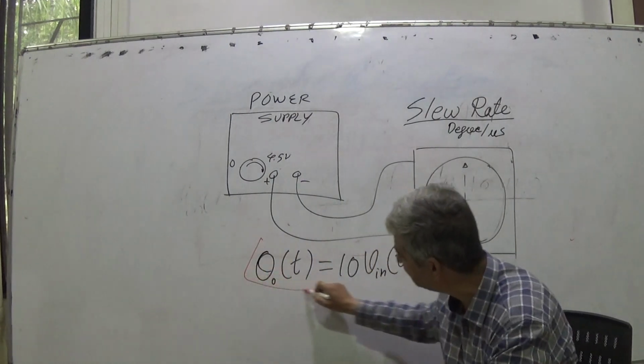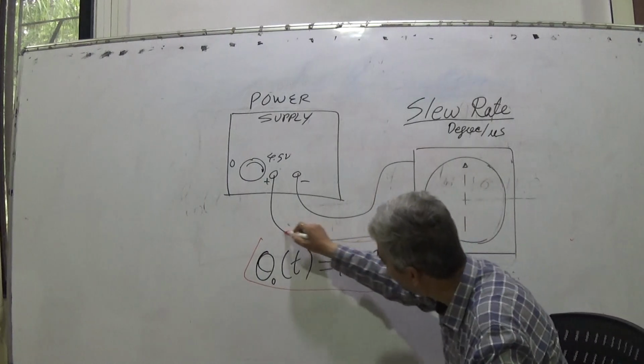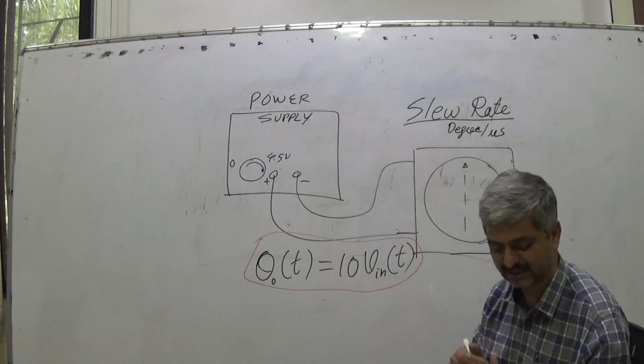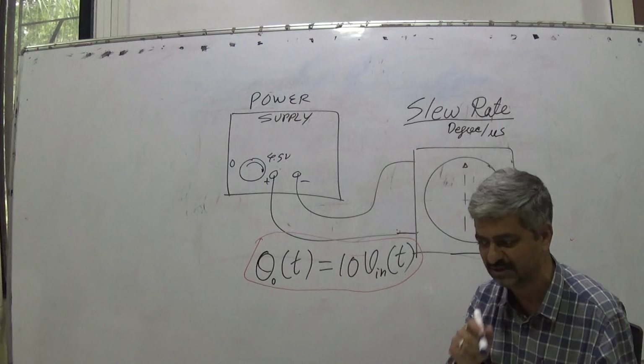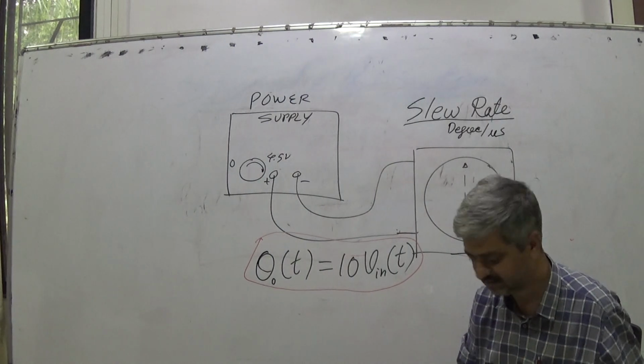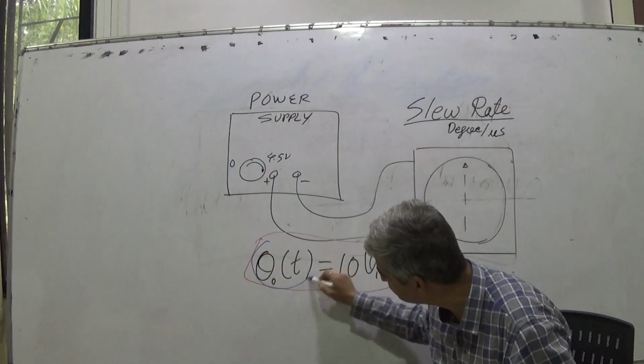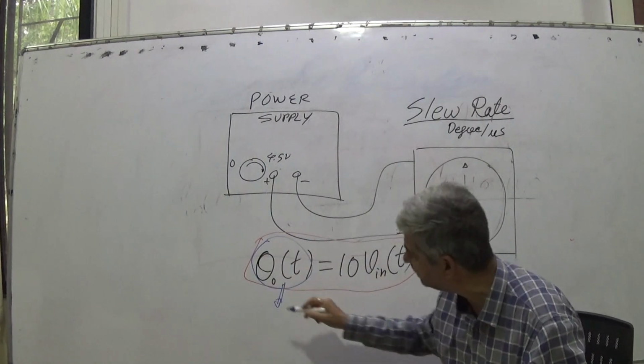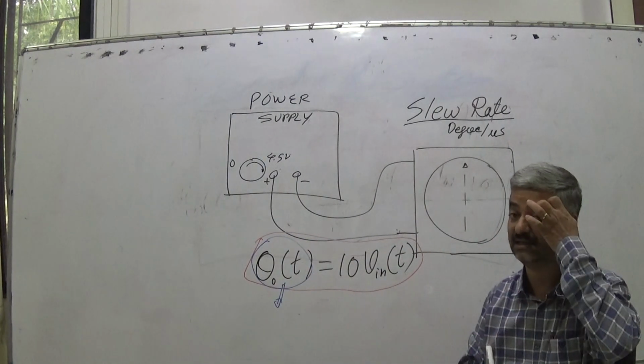So obviously now this can't be correct, because I have added one restriction that this can't change at a rate more than some fixed rate.